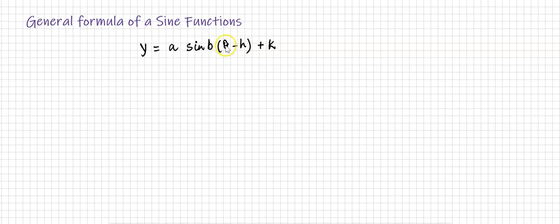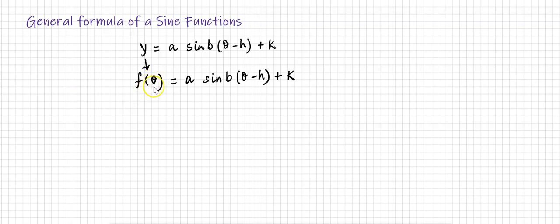So since this is in theta, we can replace this y by function of theta. So we can actually write this as function of theta, because our function is theta here.